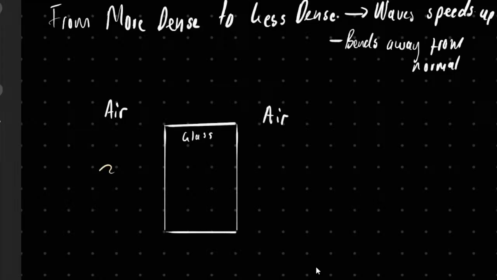So now you're going to have your light ray come in like this. This is your first ray. It comes in nicely like this. It gets to this.